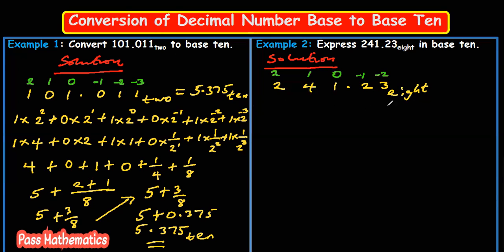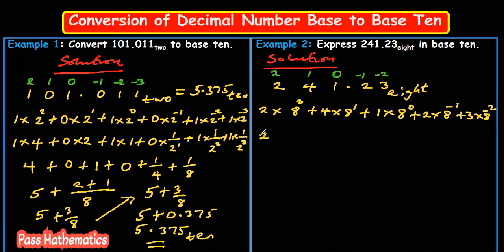So here, our base is 8, so we're going to say 2 times 8 raised to the power of 2, plus 4 times 8 raised to the power of 1, then plus 1 times 8 raised to the power of 0, plus 2 times 8 raised to the power of -1, then plus 3 times 8 raised to the power of -2. Okay, so let's simplify. 2 times 8 squared is 64.